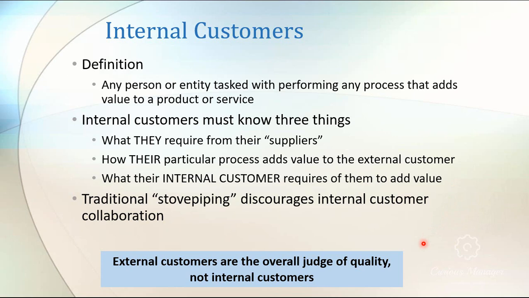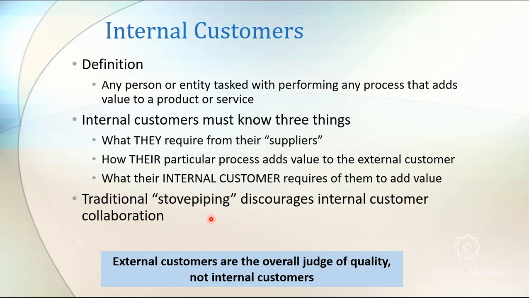So this is where management needs to really step in, especially when you have a functional team in which you may have different disciplines working together to create a product, because as I say here, traditional stovepiping discourages internal customer collaboration. And this is very true because each internal customer may be measured differently.